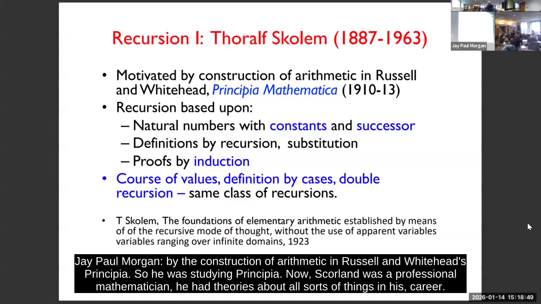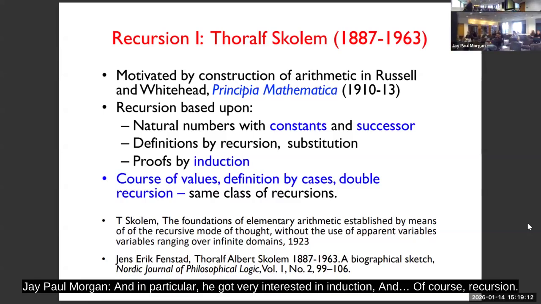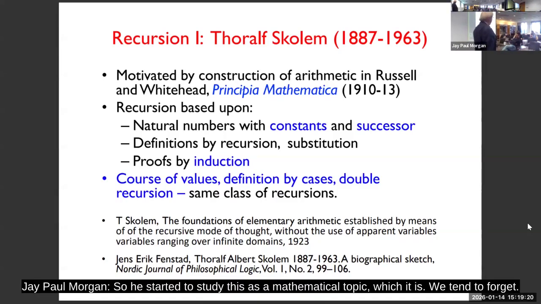He had theorems about all sorts of things in his career, but he was taken by these incredible logic developments, which were beginning to filter out, because Principia was not just an amazing looking thing, it also had huge claims about the foundations of mathematics, which were known to have difficulties. And in particular, he got very interested in induction and, of course, recursion. So he started to study this as a mathematical topic, which it is.